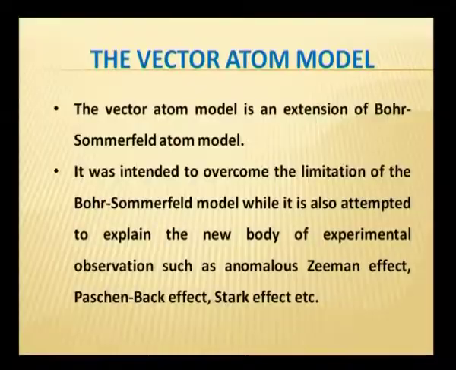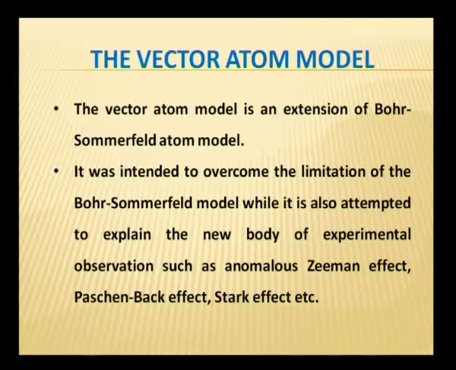I will come to that in due course of time. The vector atom model is an extension of the Bohr-Sommerfeld model. The 2 important ideas introduced in it are space quantization and the spin of the electron.